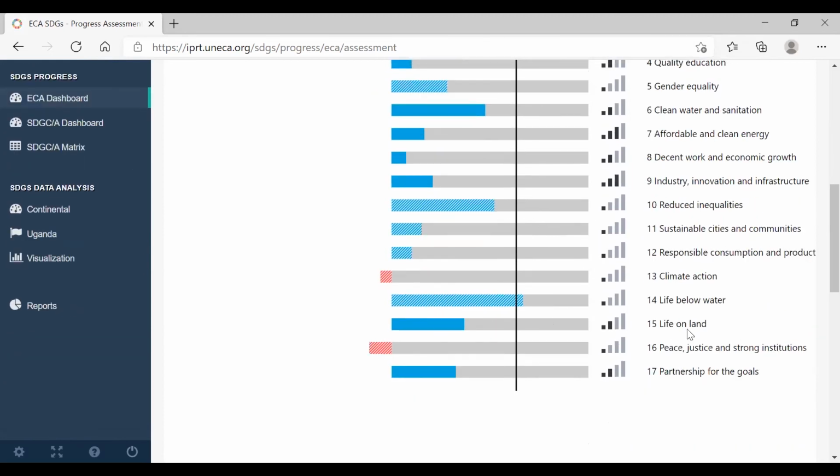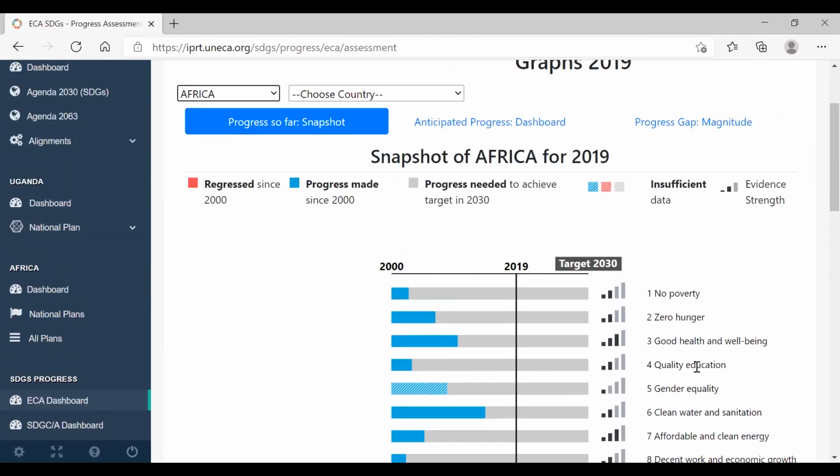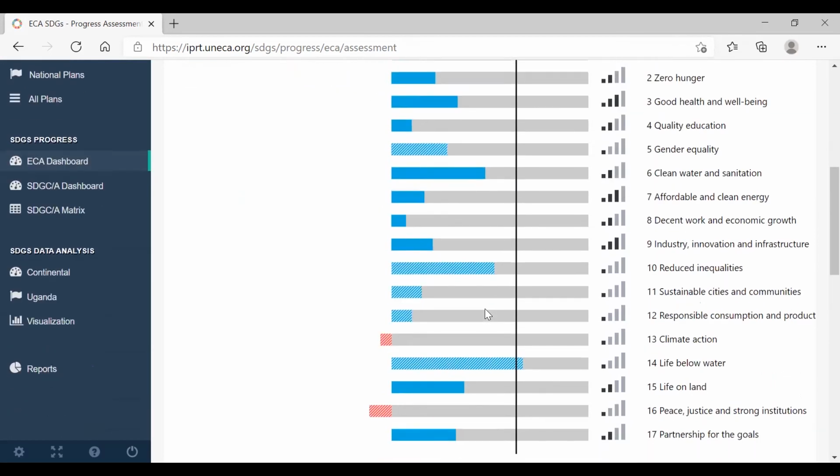And also life on land, that's environmental, like forests, biodiversity, and what have you. And also partnership for the goals. So if your interest is to see the progress of SDGs for Africa as a whole, then you can use this figure.